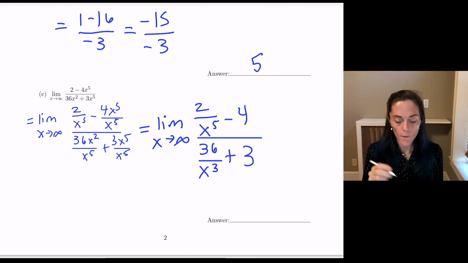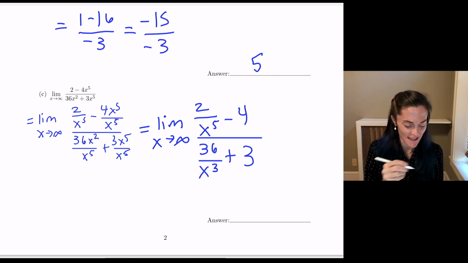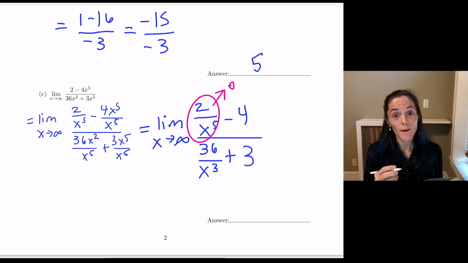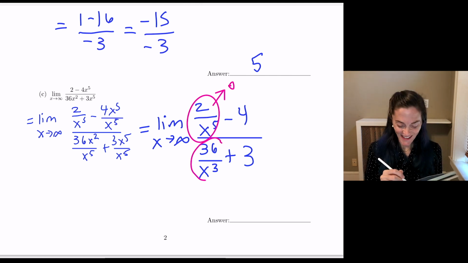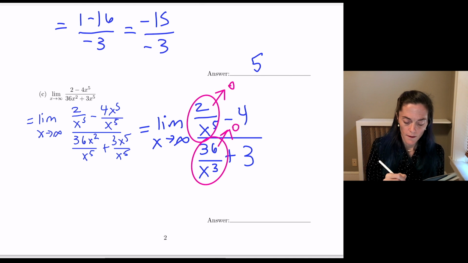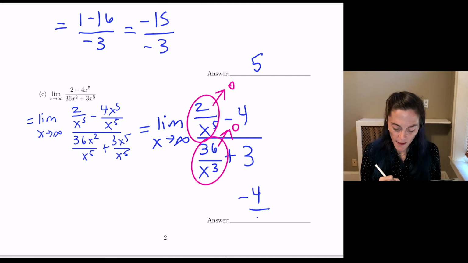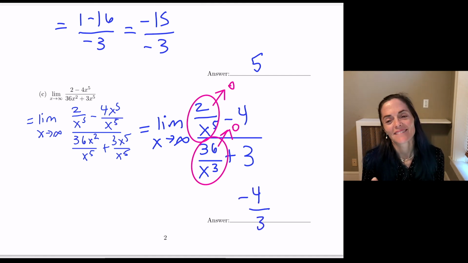Now we're ready to evaluate our limit because this term goes to 0. We have a fixed numerator. Denominator is growing without bound. This term goes to 0. Once again, fixed numerator, denominator is growing without bound. So my final answer is negative 4 divided by 3. All three of these limits exist.